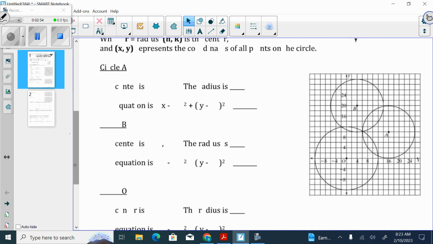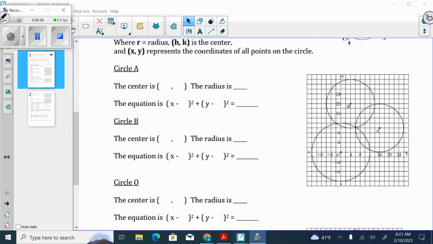All right, so we're going to start with circle A. Circle A, this one over here, they want us to fill in where the center of that circle is. So the center is the point A. Where is point A located?